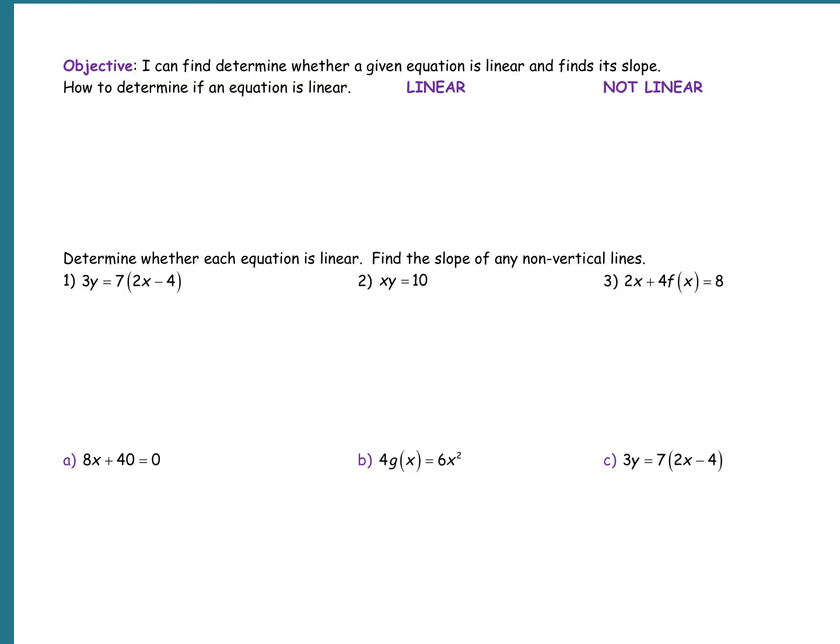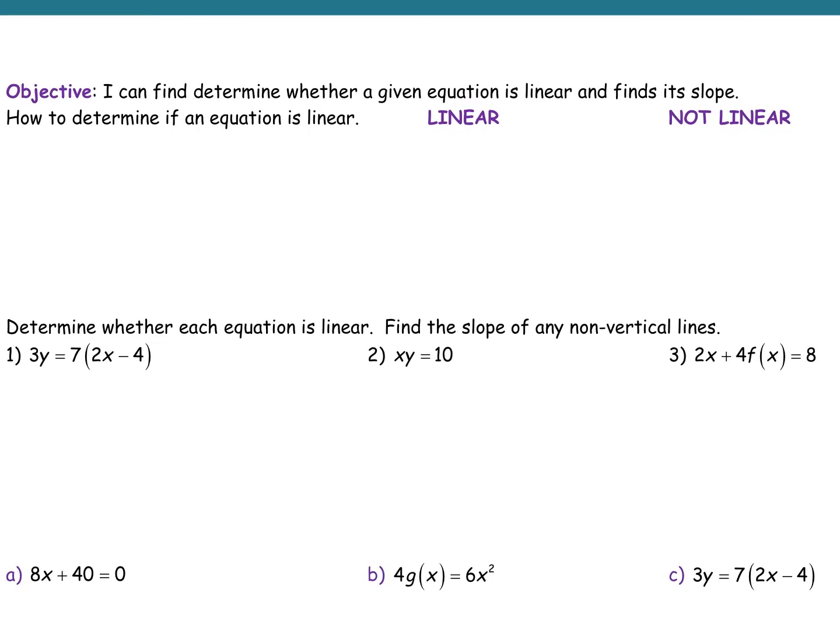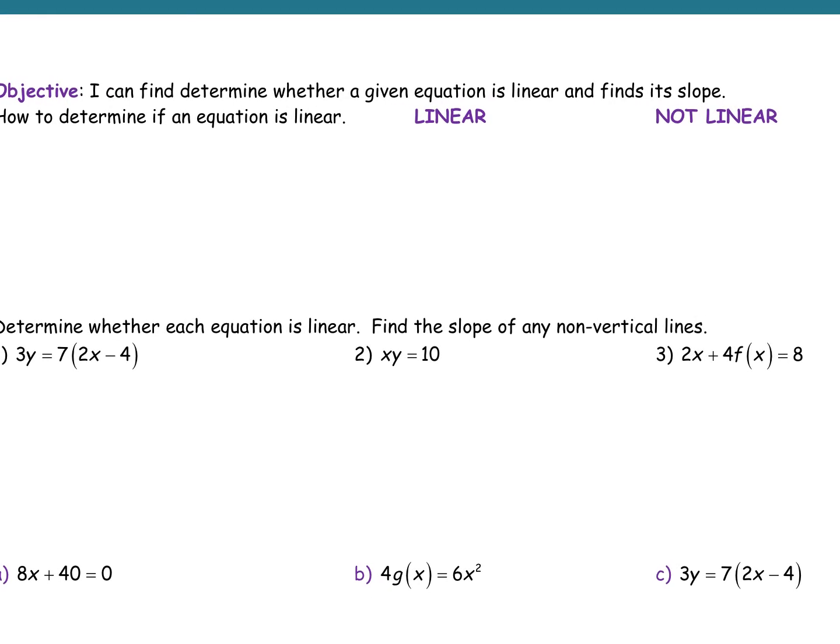Okay. Last page. How do I determine if an equation is linear? A linear equation looks like this: if it's in the form y equals mx plus b, it's linear. Y equals some number, it's linear. X equals some number, it's linear. Those are all linear forms of an equation.